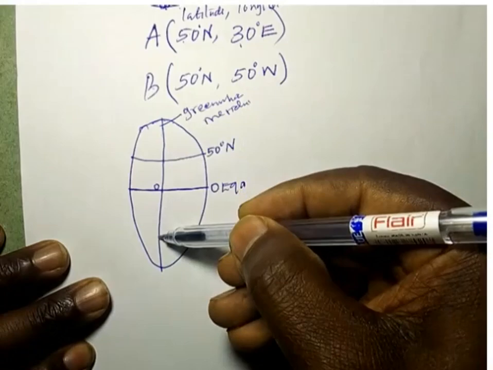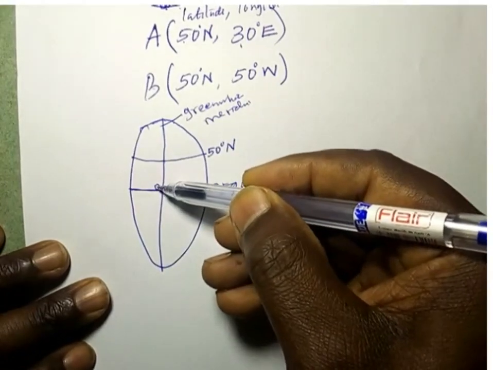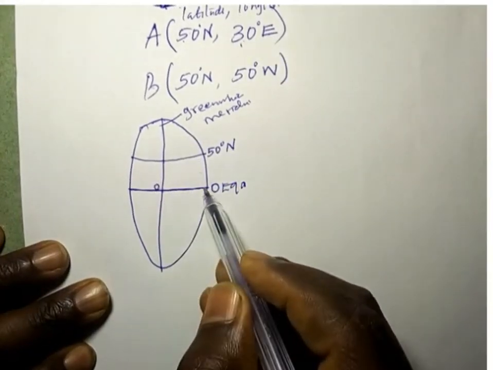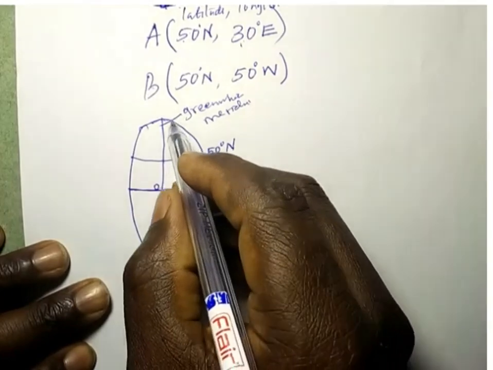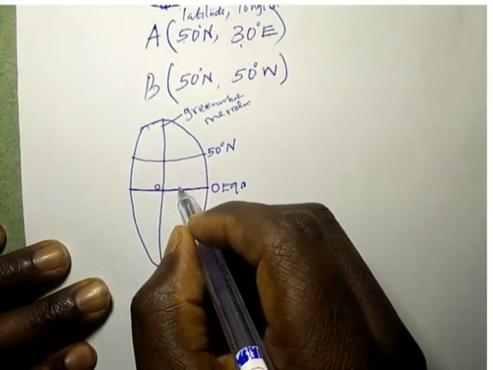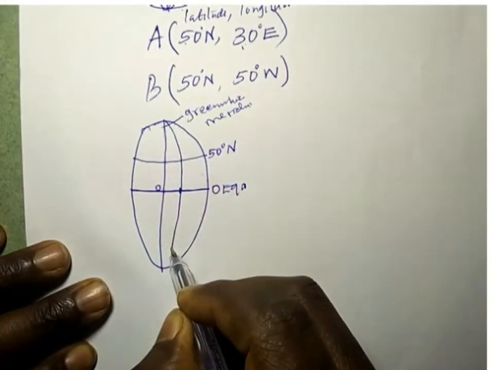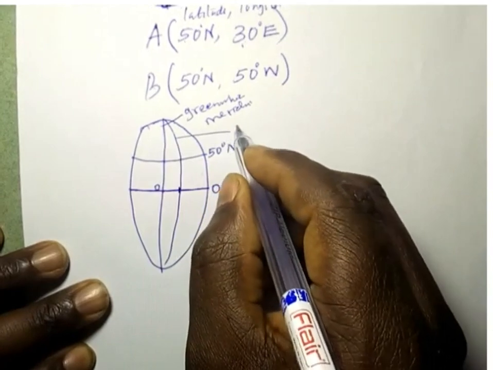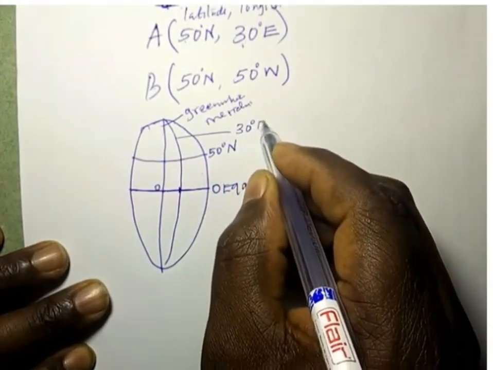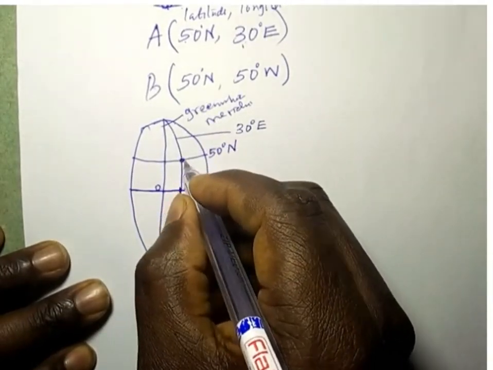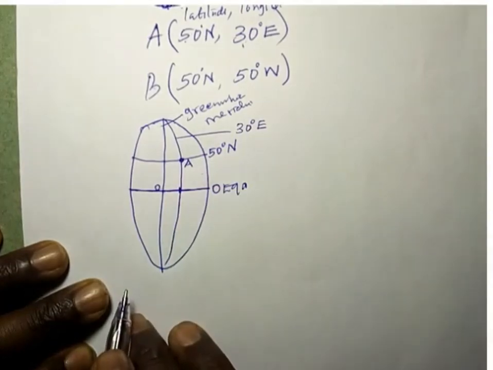This is the Greenwich meridian, which is 0. So we have 30 east. East is on the right side, this side. So east will be somewhere here, right? So we draw this. This one is 30 degrees east. So it means point A is here. This is point A.